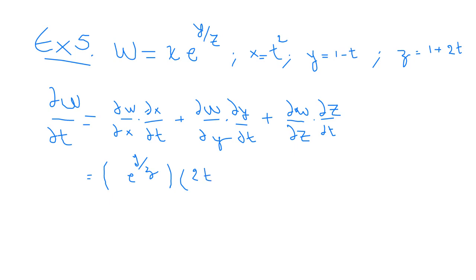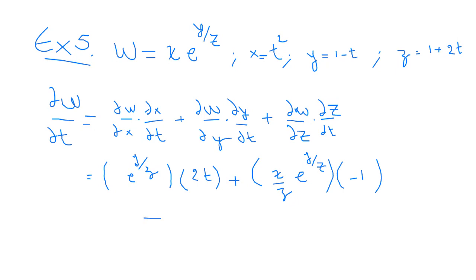Plus, the derivative of w with respect to y: for sure I'm going to keep the e to the y over z. If I differentiate the exponential using the chain rule, the 1 over z gets down, so I have x over z times the derivative of y with respect to t, which is minus 1. Am I right, guys?